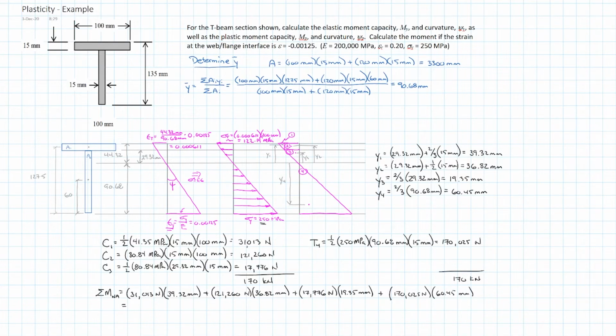When we run that through our calculator, we get 16,301,873 newton millimeters, or 16.3 kilonewton meters.